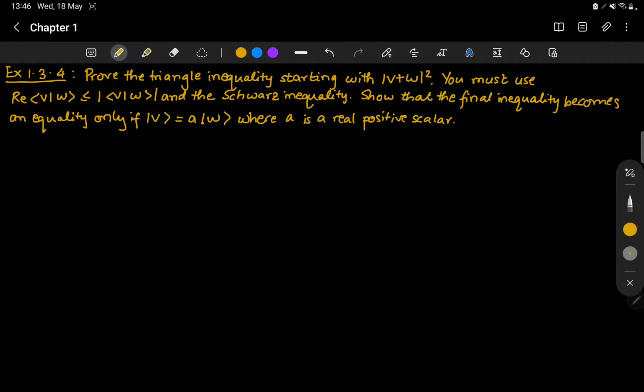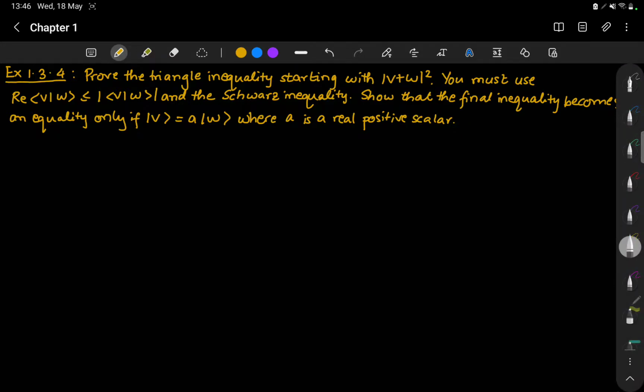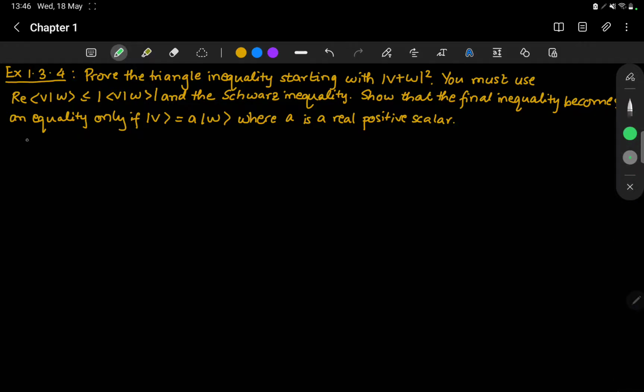Just to remind ourselves what the Schwartz and triangle inequalities are, we will write it again. So the Schwartz inequality is given by the following expression.